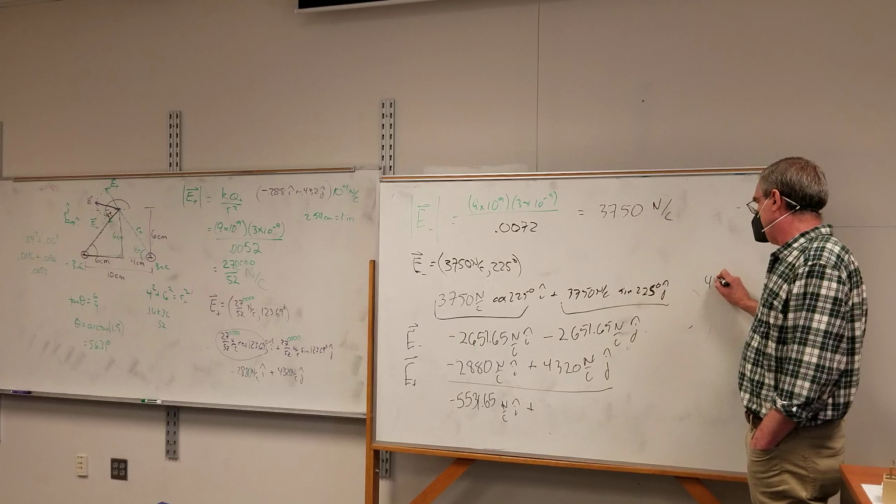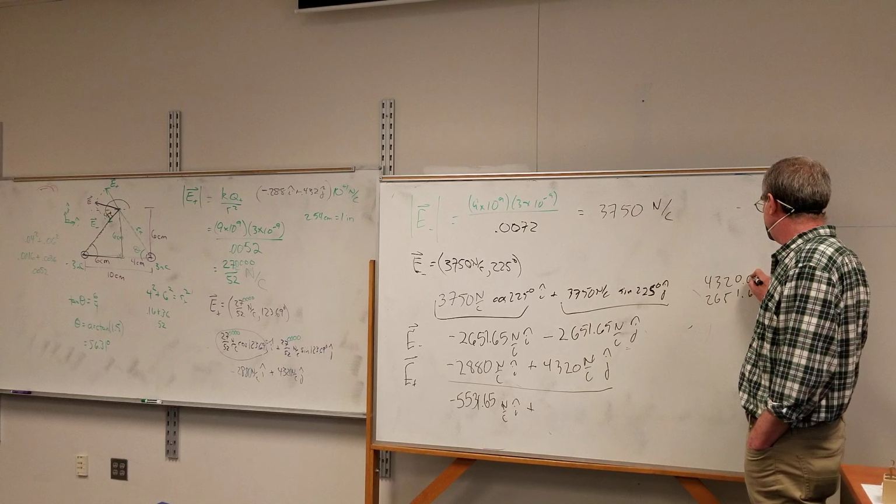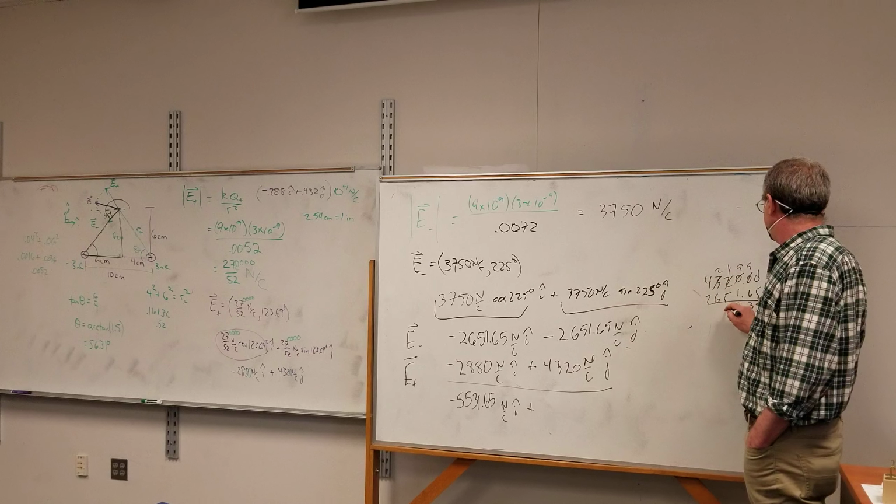They're doing the fancy math here. 4, 3, 20, 2, 6, 5, 1.65. 5, 3, 8, 6.